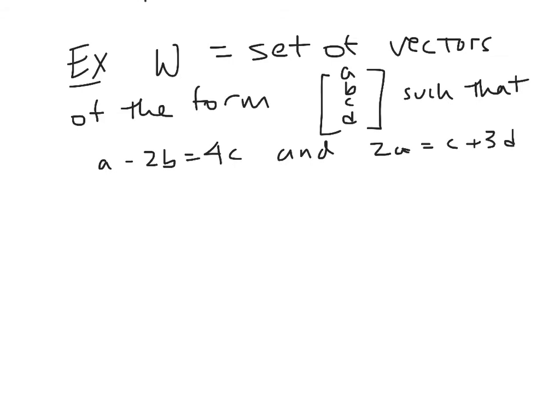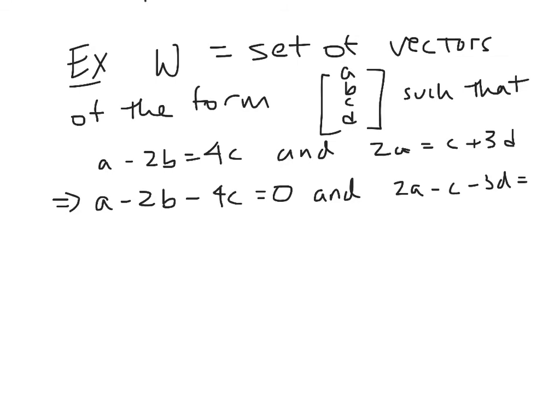We want to show that this is equal to the null space of some matrix A. So it's helpful to rephrase these so that we have some equations where everything non-zero is on one side of the equation, and we just have 0 on the other side.